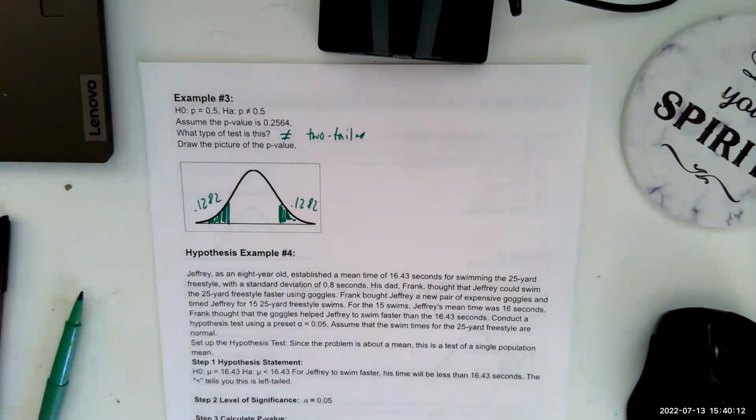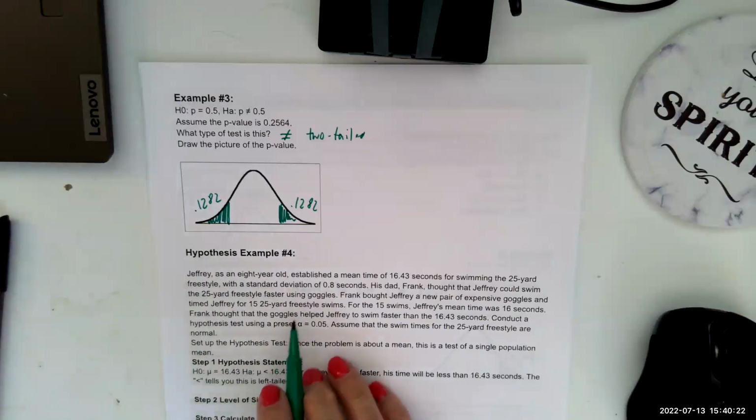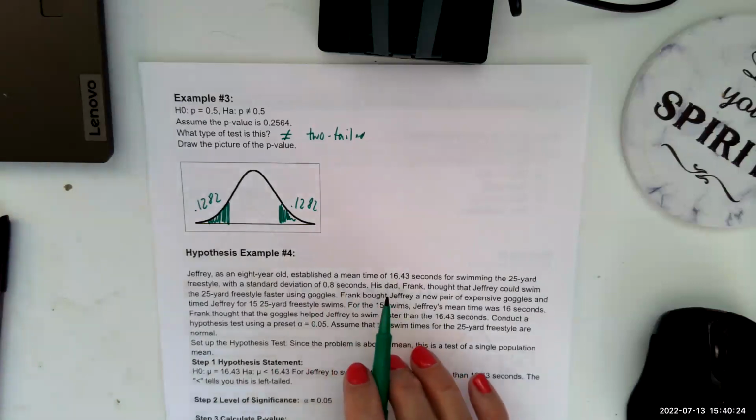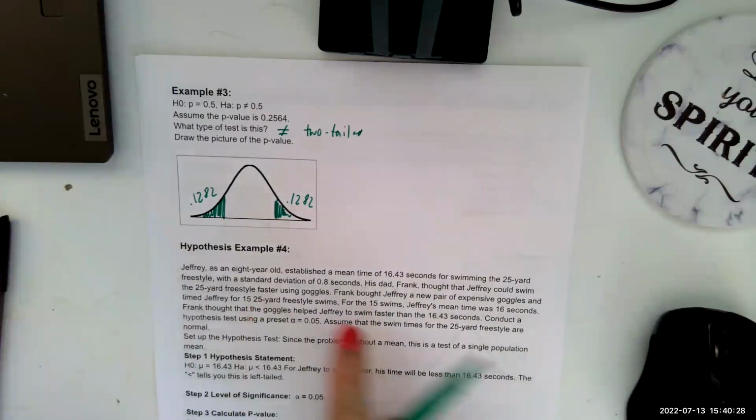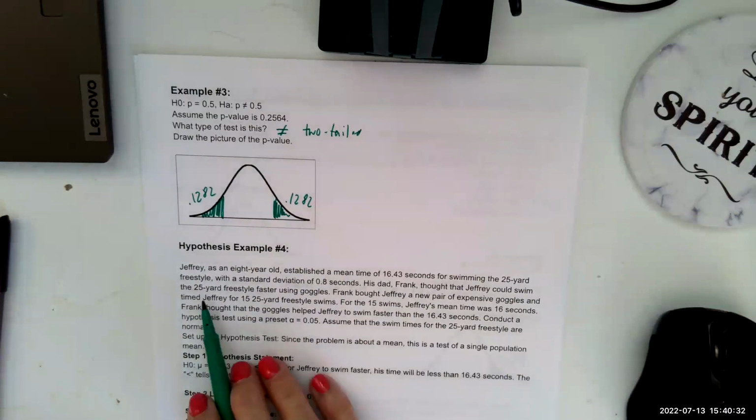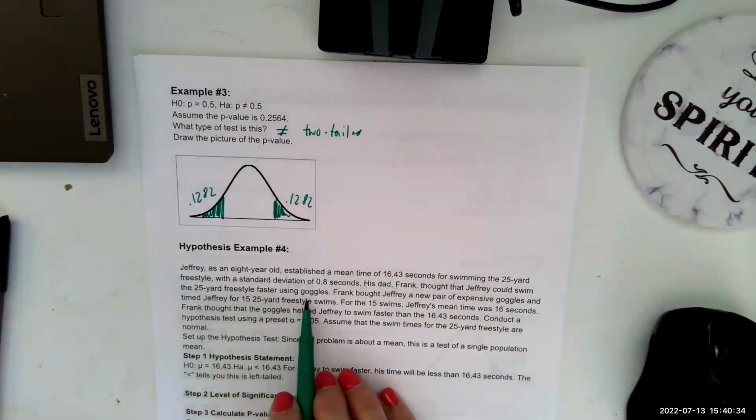Okay, let's look at example 4. So it says Jeffrey, as an 8-year-old, established a mean time of 16.43 seconds for swimming the 25-yard freestyle with a standard deviation of 0.8. His dad, Frank, thought that Jeffrey could swim the 25-yard freestyle faster using goggles.